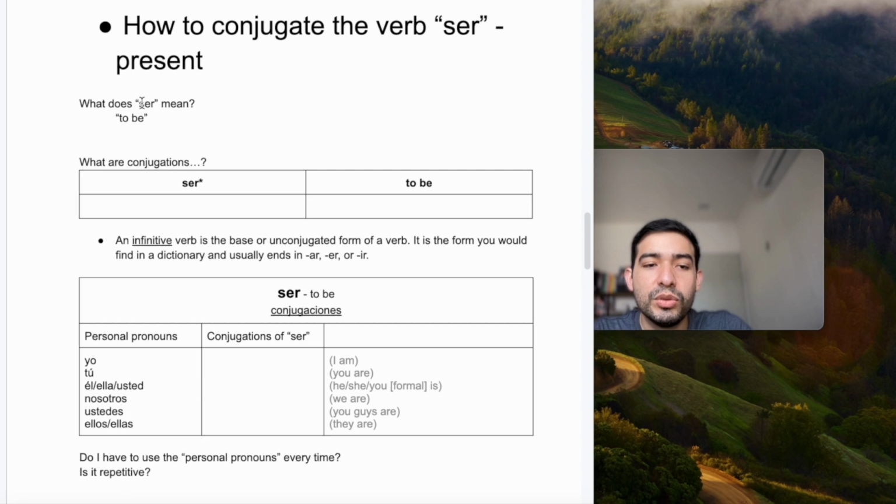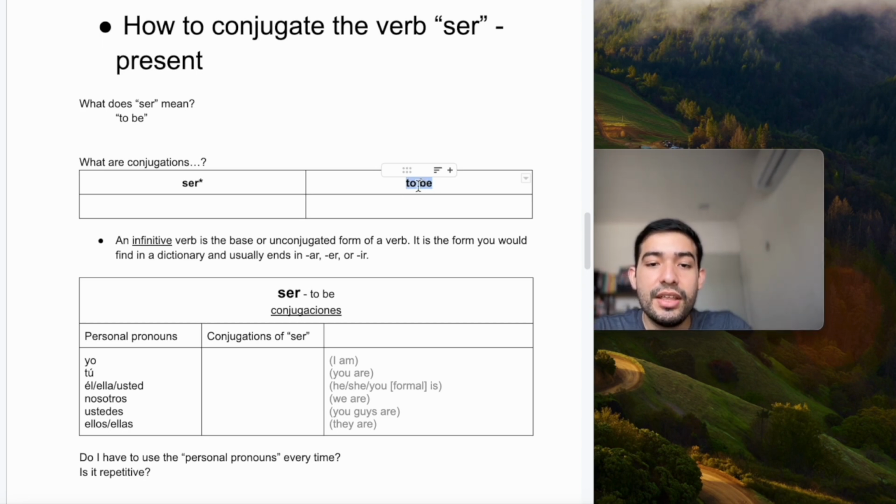Okay, so ser, it means to be, and ser is the infinitive form of to be. An infinitive verb is the base or unconjugated form of a verb, right? So if we take this as an example, to be is an infinitive verb. It is not changed or conjugated, right?